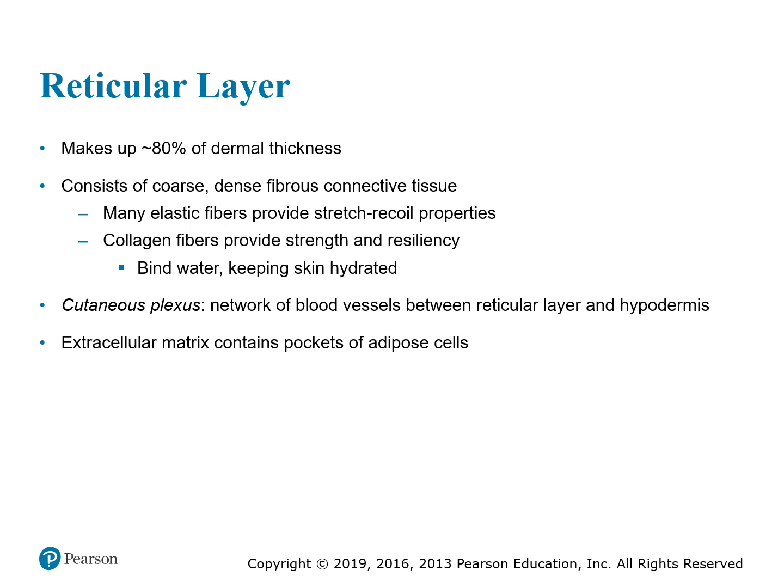In this tissue, you'll also find the cutaneous plexus. This is a complicated network of vessels and capillaries between the reticular layer and that underlying adipose layer of the hypodermis. So the ECM at this point is going to start to contain these sort of lipid-based adipose cells.